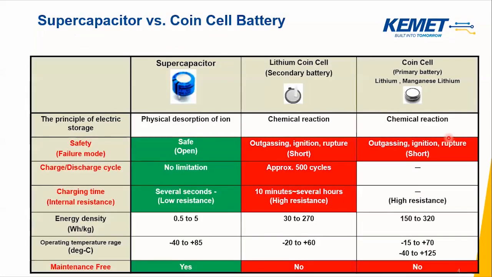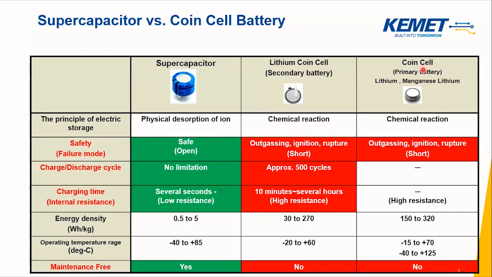So when it comes to supercapacitors, we might also think about coin cell batteries, or batteries as well. What are the pros and cons compared to those, and where can we go for the supercaps? When it comes to the principle of electric storage, supercaps are based on the physical absorption of ions, but with lithium coin cells, it's a chemical reaction.